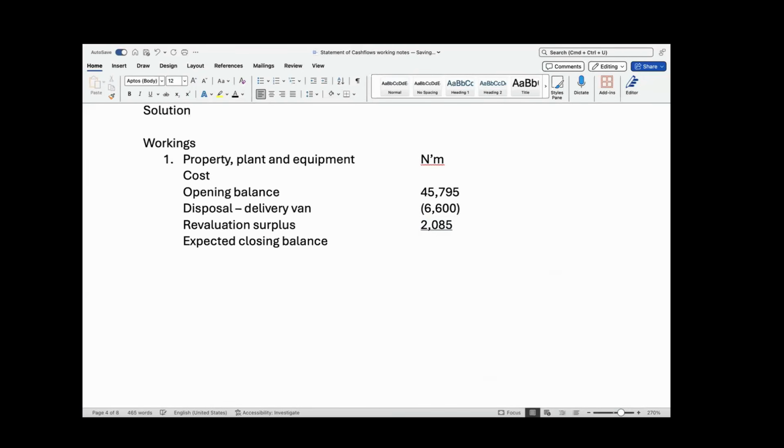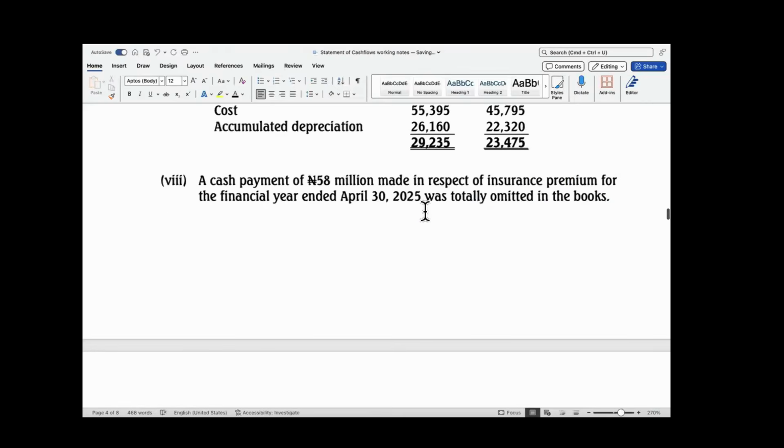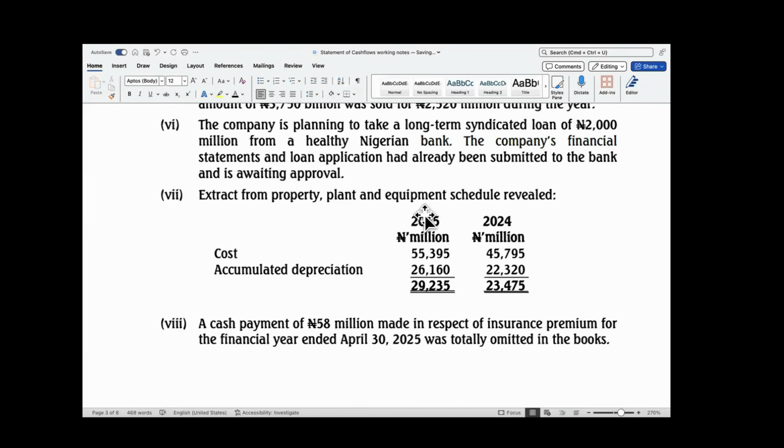Can you cumulate these three items for me? 41,280. But what was the actual closing balance of the cost? It was 55,395. Can you all see it under this note 7?